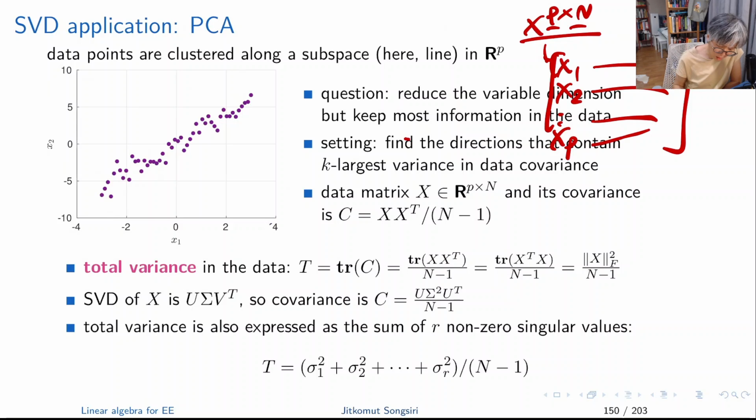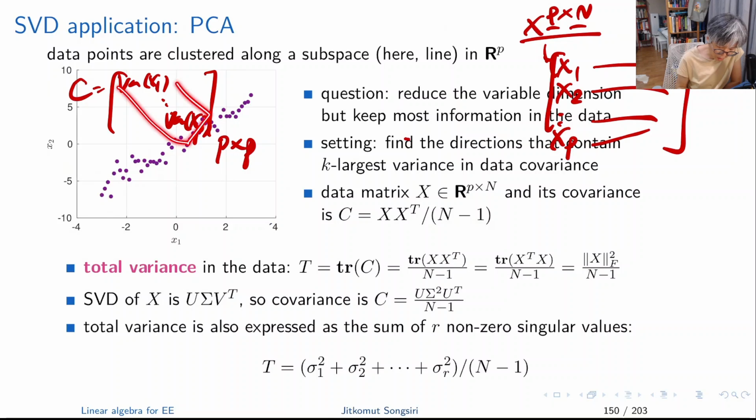If you arrange the data matrix in this way, the covariance matrix is going to be X X transpose divided by N minus 1. Everyone knows the covariance matrix. In this case, it's going to be P by P, and the diagonal of the covariance matrix is going to be the variance of each feature.